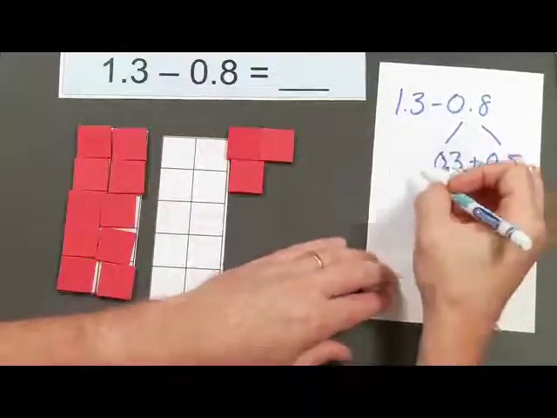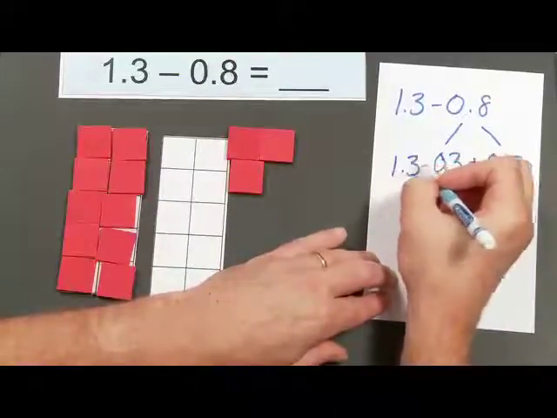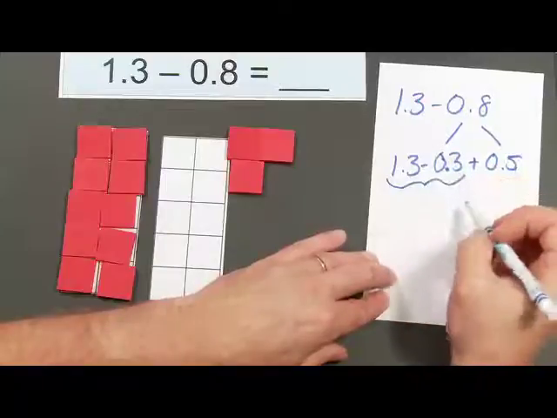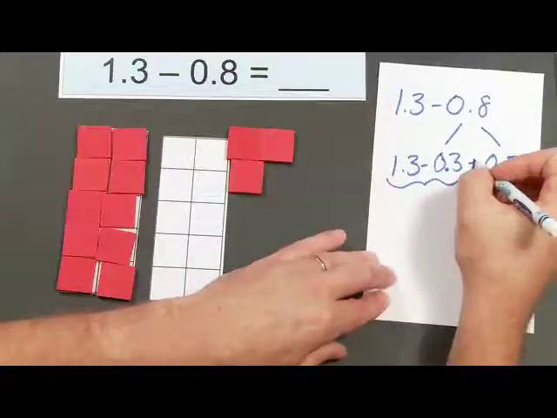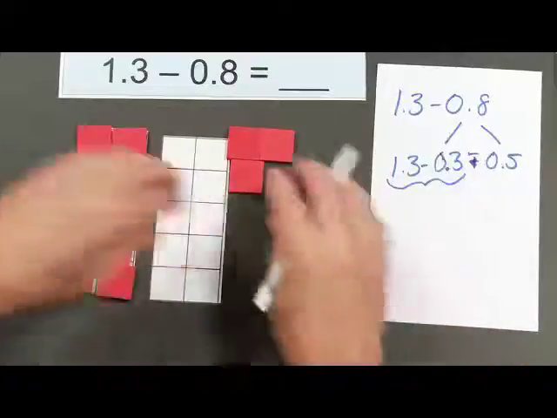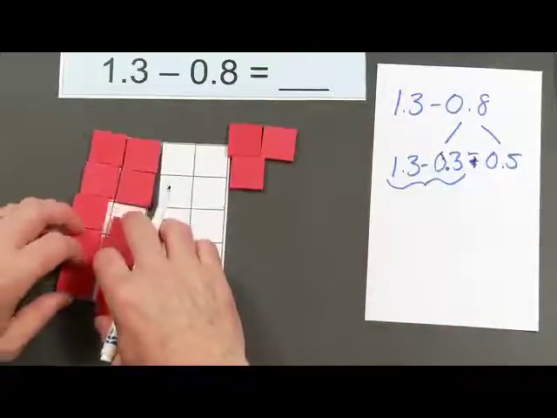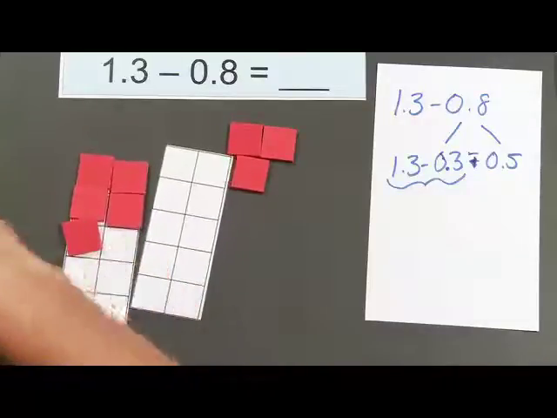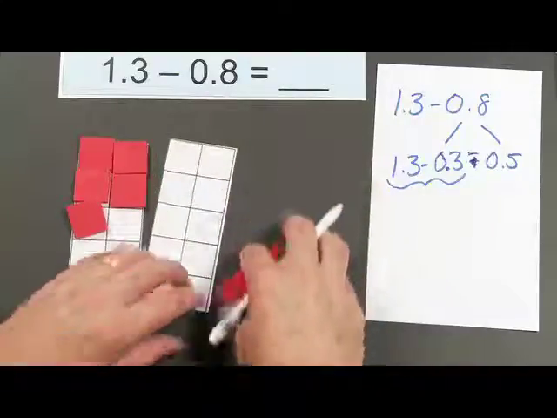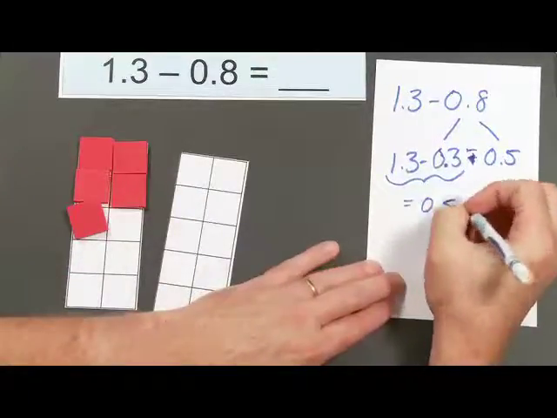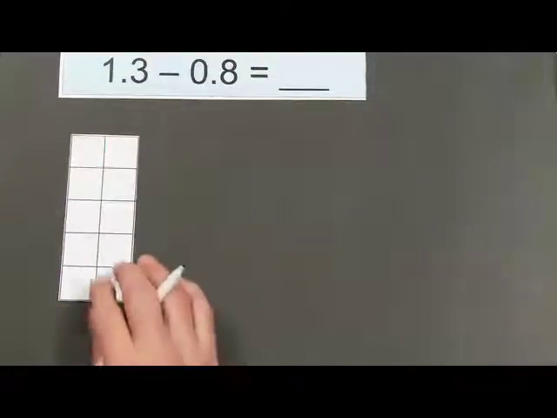I'm taking away the 3 first, taking away 1 3/10, and then I'm going to take away another 5/10. 1 3/10, take away another 5/10. And what am I left with? 5/10.